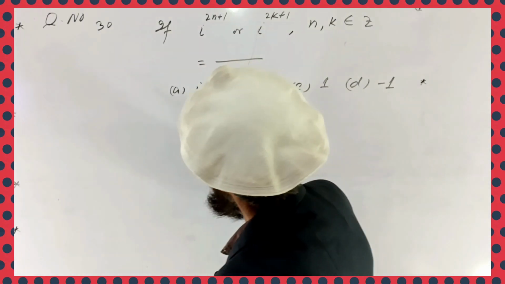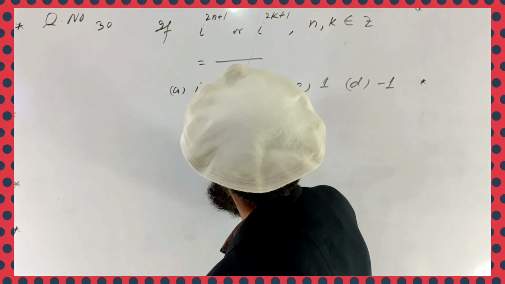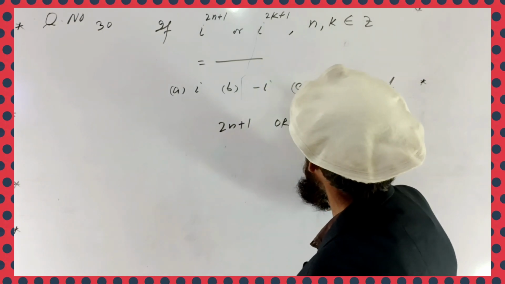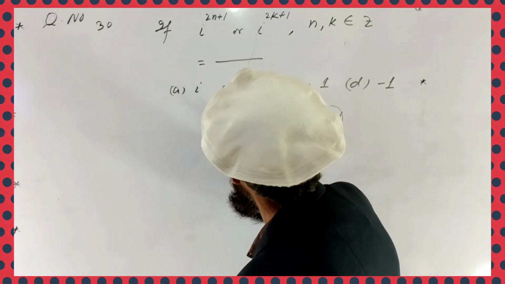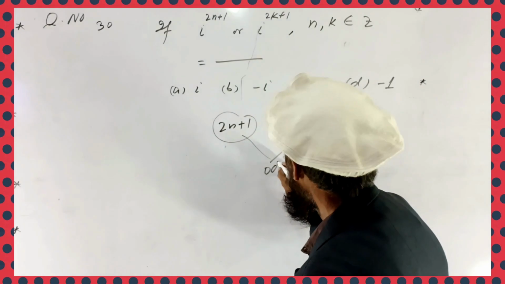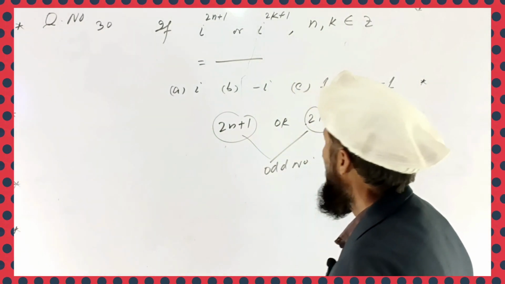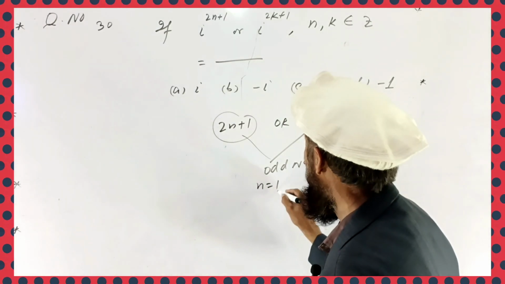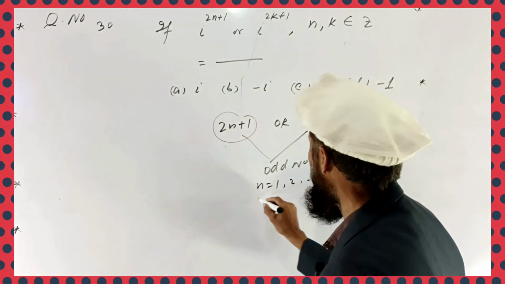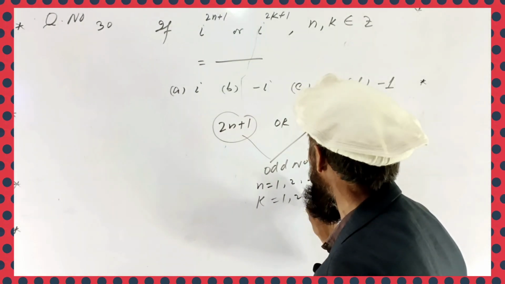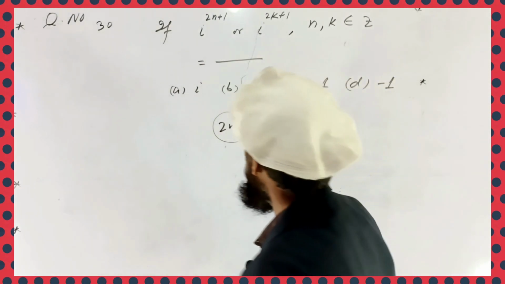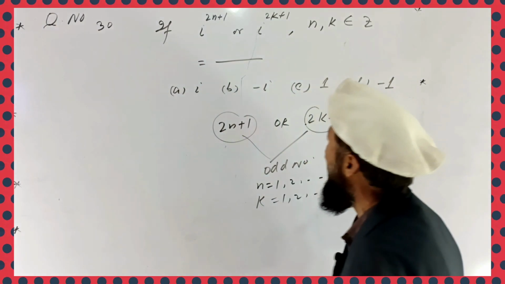We must remember that 2n plus 1 and 2k plus 1 are both odd numbers. If we put n equal to 1, 2, 3 and so on, and similarly k equal to 1, 2 and so on, you will get an odd number. It means the power of iota is an odd number.